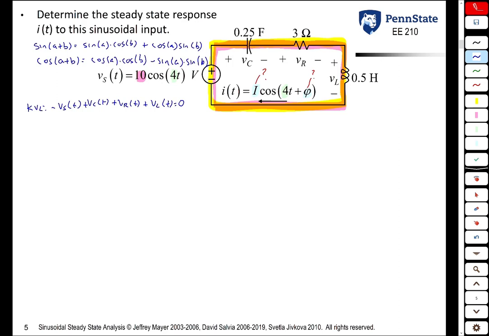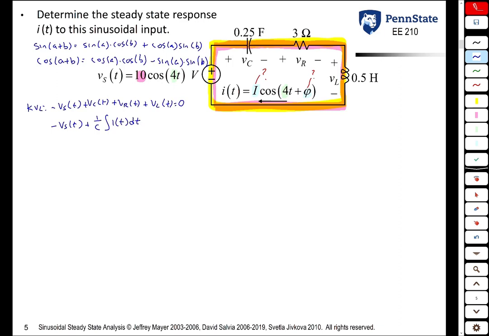Because we're ultimately looking for the current, let's try to get I of t in this equation as much as possible. So we get minus Vs of t, you can't do anything with that. Remember the voltage across the capacitor, you can re-express as the integral of the current through the capacitor. So we can rewrite that as 1 over C times the integral of I of t dt.